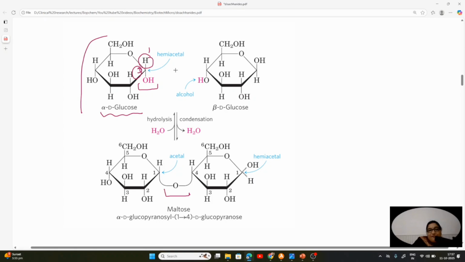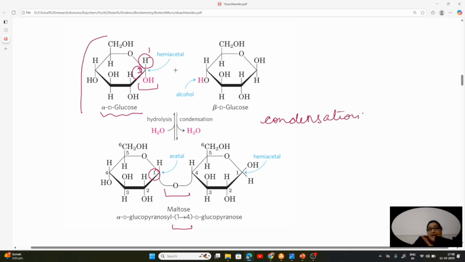Here is alpha, and why is this alpha? This is alpha because the first sugar that is being involved is in alpha configuration, and it is alpha 1,4 glycosidic linkage. So this is the structure of maltose. Here you can see it is a simple condensation reaction.